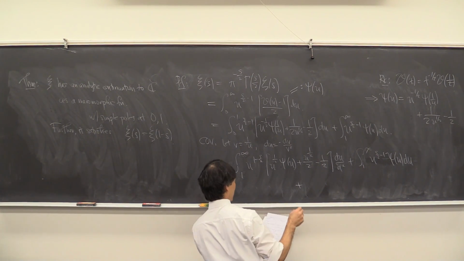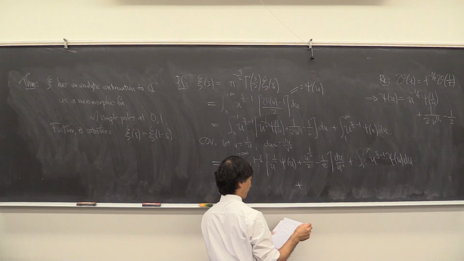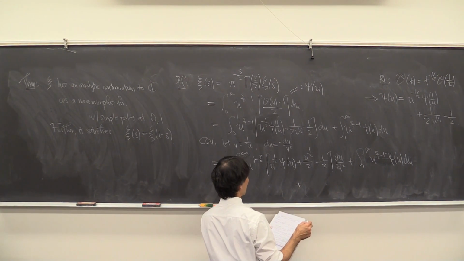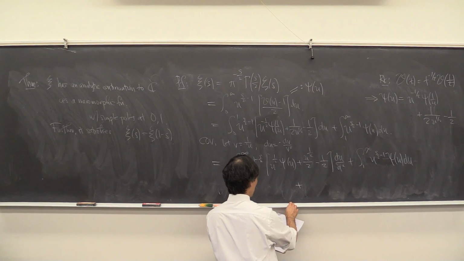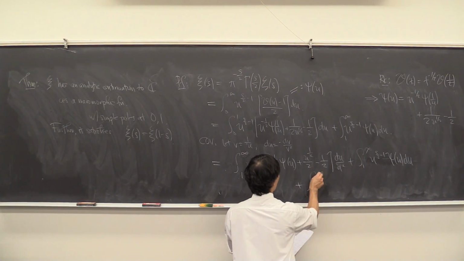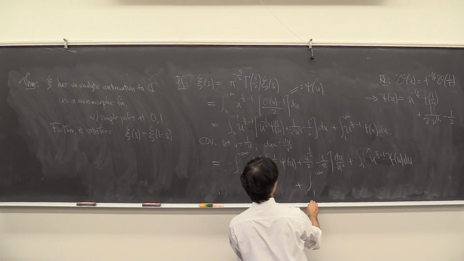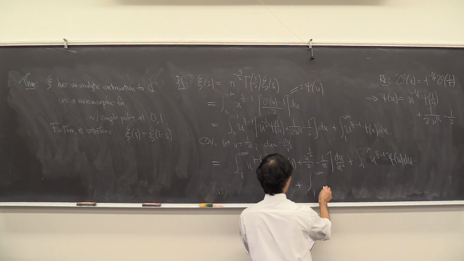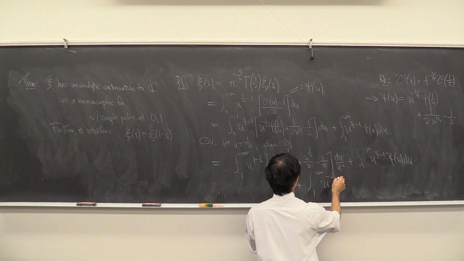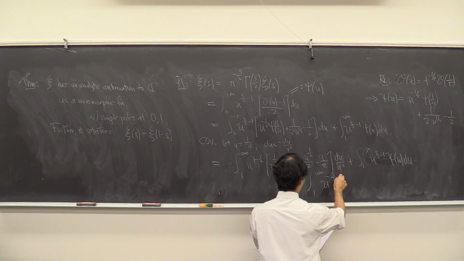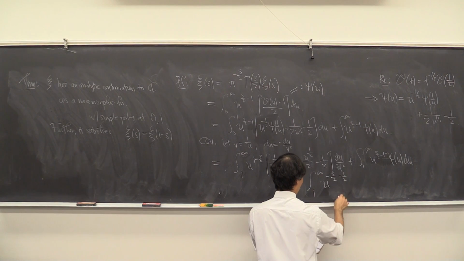Now it's 1 to infinity. Okay, so you get two expressions. One is u to the negative s over 2 minus a half.